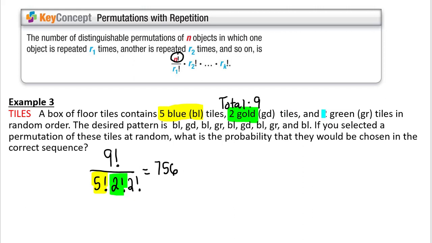And then my 2 green is right there. Okay, so a box, I select the tiles at random. I want this design. Well, that's one design. That's my number of possibilities out of 756.